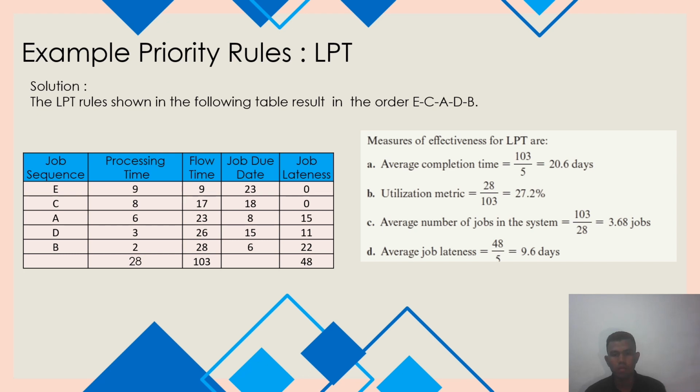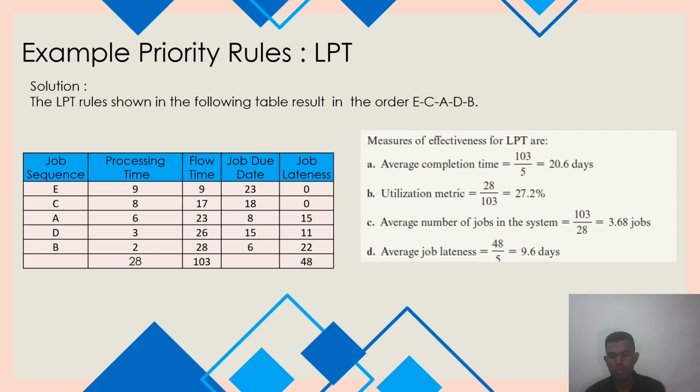The measures of effectiveness for LPT: A, average completion time is the sum of total flow time, which is 103, per number of jobs, which is 5. So 103 per 5 is 20.6 days.